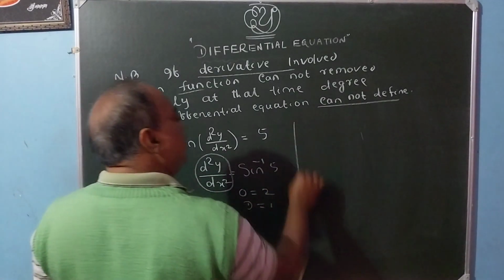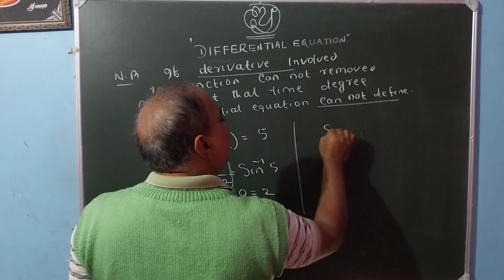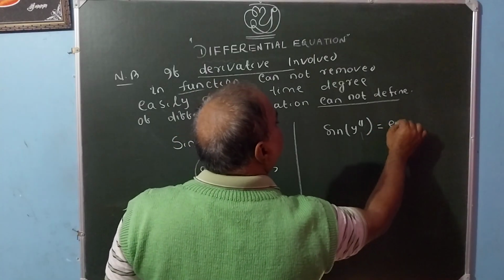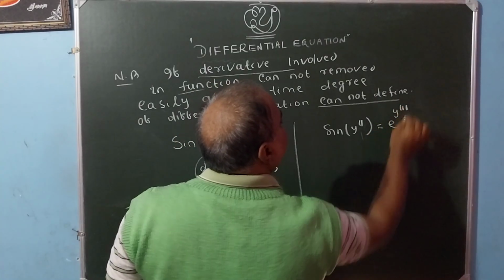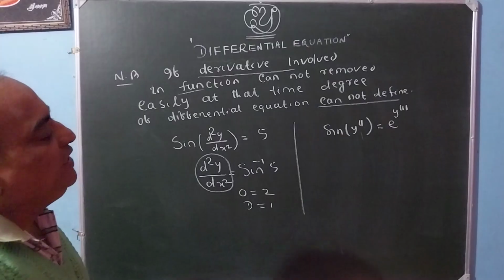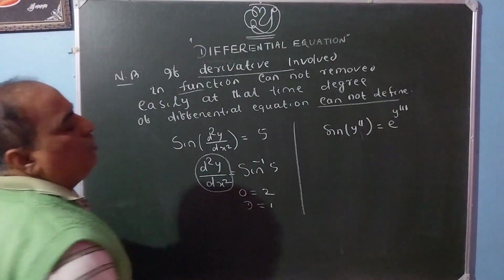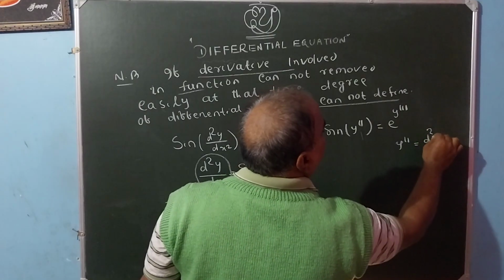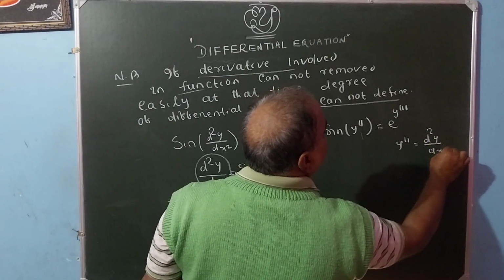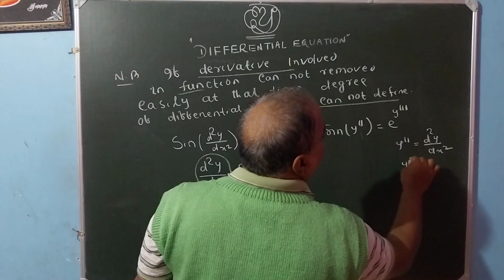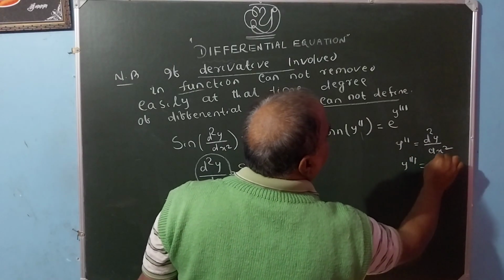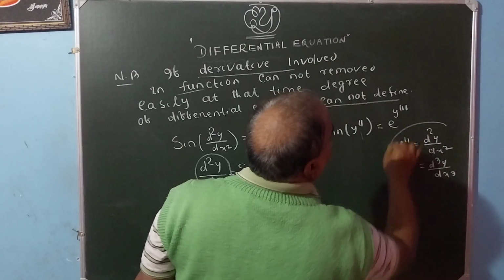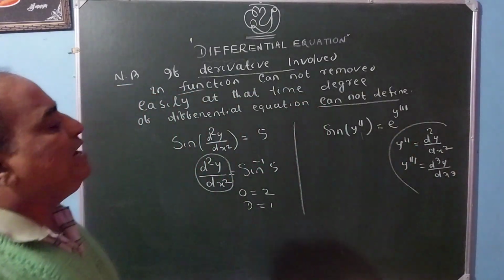Write down one example: sin y double dash is equal to e to the power y triple dash. Double dash means derivative two times. Y double dash means d square y/dx square, the double derivative. Y triple dash means d cube y/dx cube. This is the meaning of double dash and triple dash.